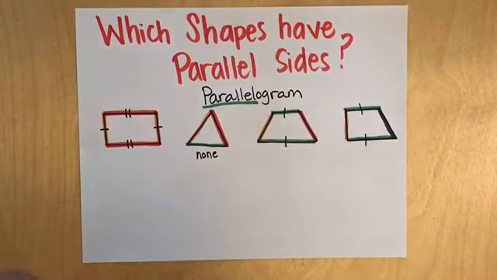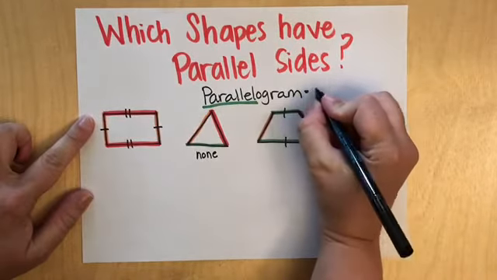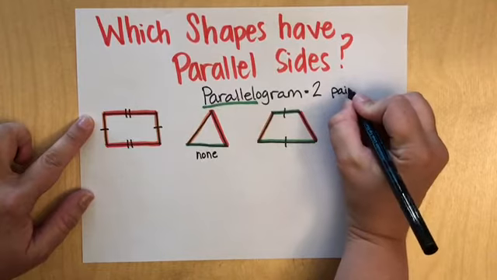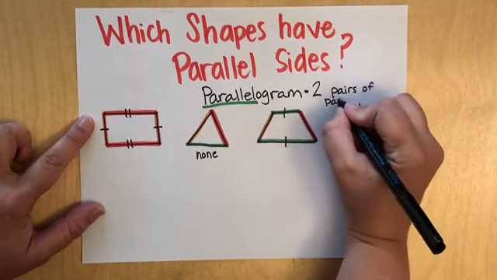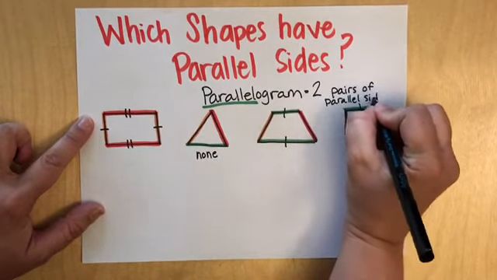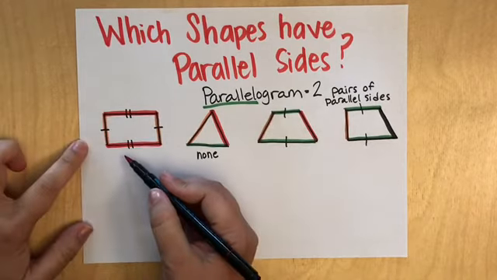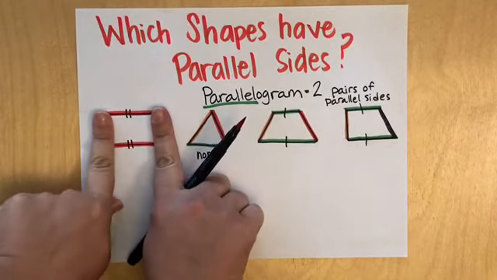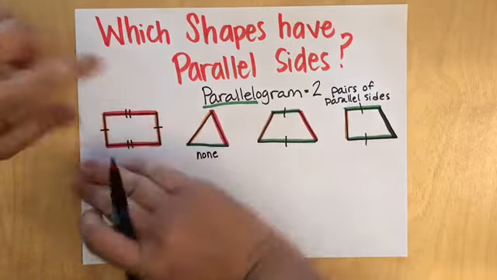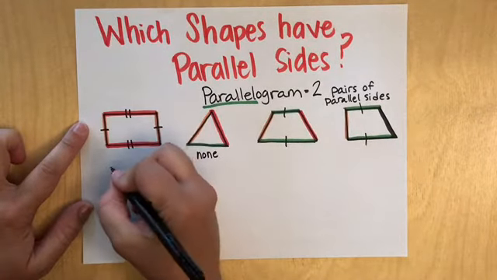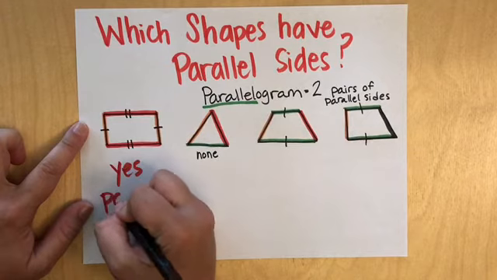And a parallelogram means that there are two pairs of parallel sides. So that means that the shape has two pairs of parallel sides or more. So this shape right here would be a parallelogram because it has two pairs of parallel lines.